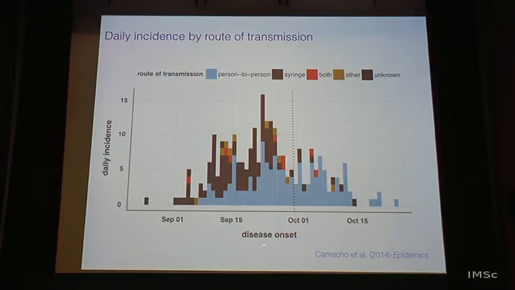So here you get extra information that you would never get if you didn't have the route of transmission. These dotted lines correspond to the time when they closed the hospital. So when you look at this time series, you might think that, well, it seems that they closed the hospital, and after that there is much less syringe transmission. So this probably is the reason why the epidemic decreased.